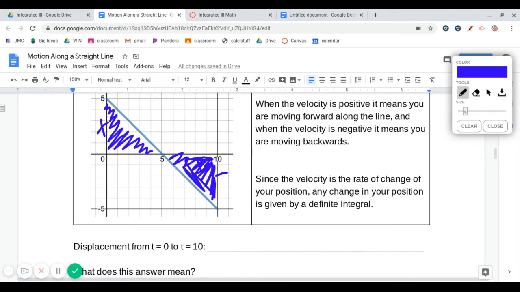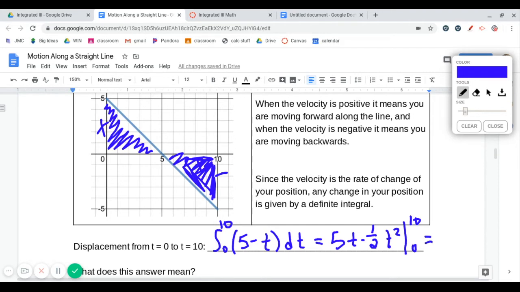Or, to be technical, we would write this as the integral from 0 to 10 of 5 minus t dt. And then you can calculate this manually. This will be 5t minus 1/2 t squared, evaluated from 0 to 10.